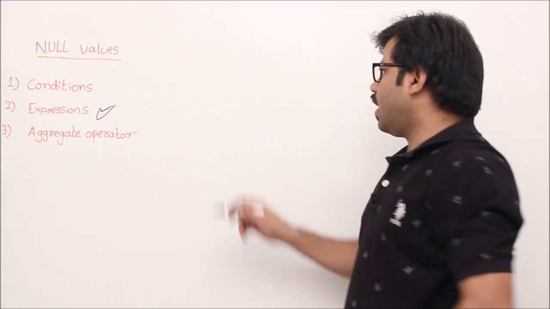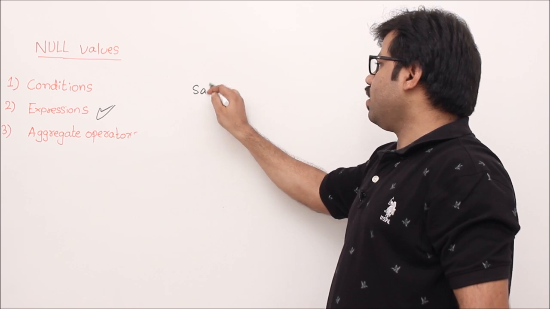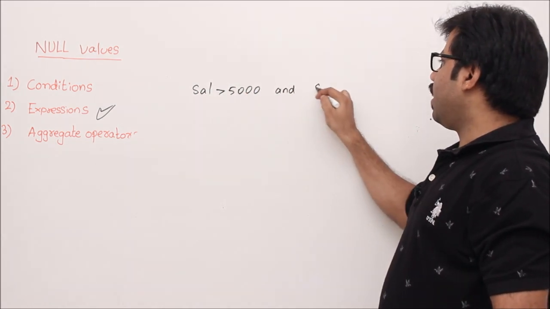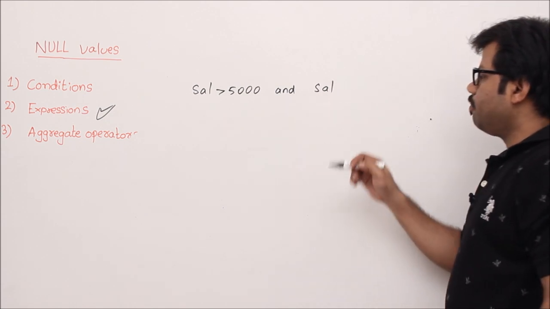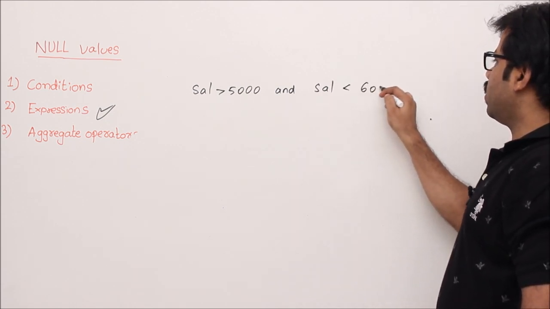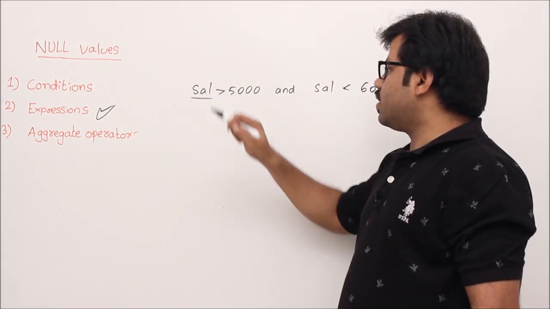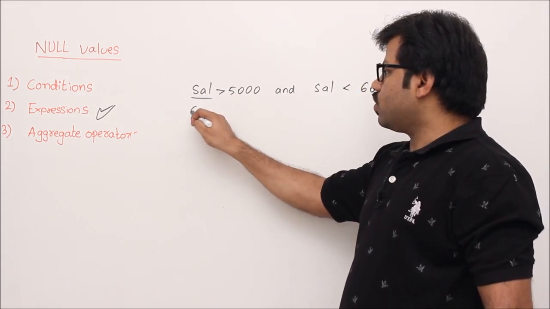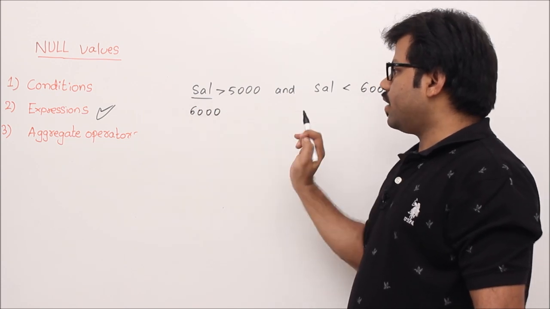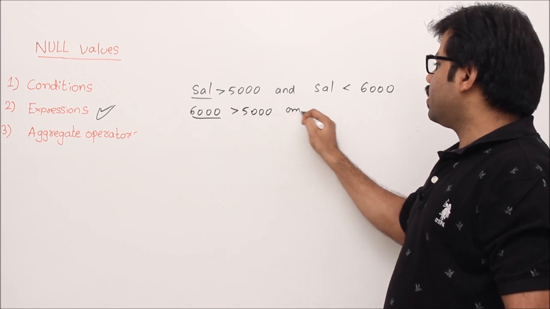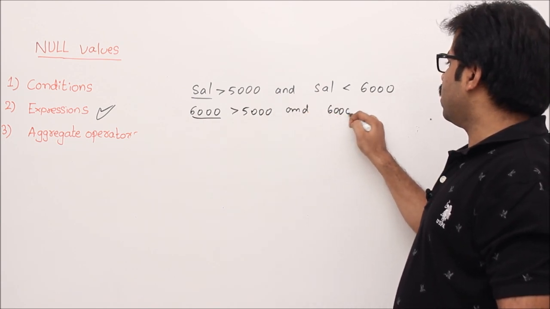Example, you have condition number 1 like this: salary greater than 5,000 and salary, let's say, less than 6,000. So what is the truth value? If salary is, let's say, 6,000, we know the answer. Just an assumption: 6,000 greater than 5,000 and 6,000 less than 6,000.